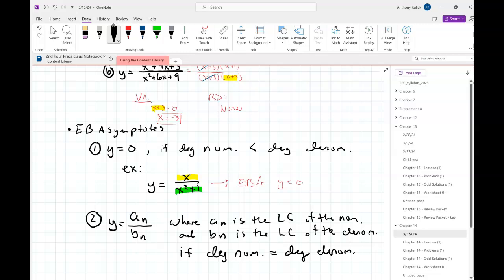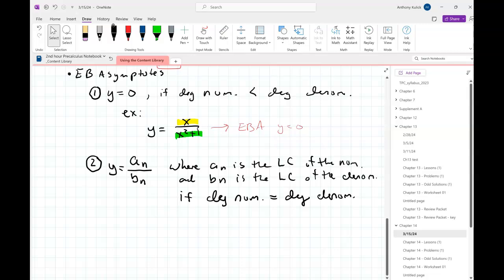The next situation, we could have the asymptote y equals a sub n over b sub n, where a sub n is the leading coefficient of the numerator and b sub n is the leading coefficient of the denominator. We do that if the degree of the numerator and denominator are equal. So for example, if I have y equals 2x plus 5 over x minus 1.